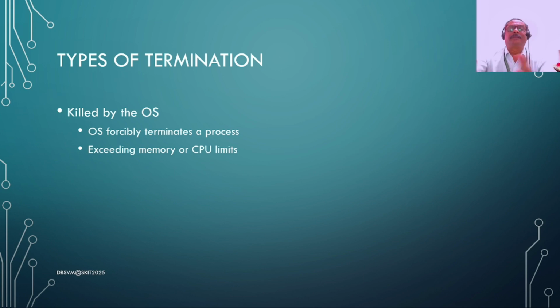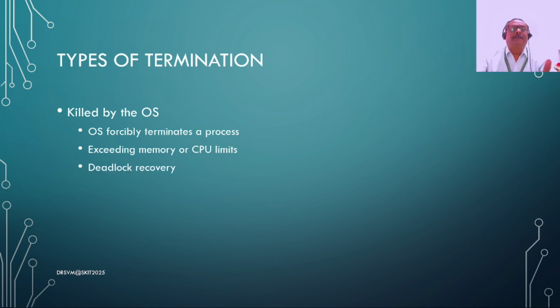Otherwise it starts indefinitely using the neighboring memory and may create problems for other processes. Or CPUs, when you are working in a multi-processing environment, each process is allotted some number of CPUs, and it should work within those. But if it tries to use more CPUs, then definitely it's going to create a problem, and hence an alarm is raised and that particular process is killed by the operating system.